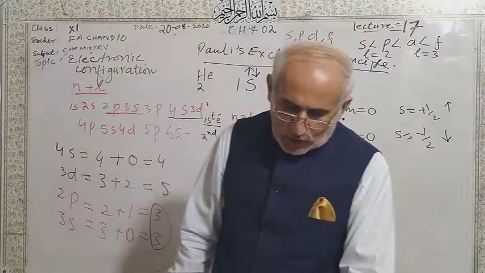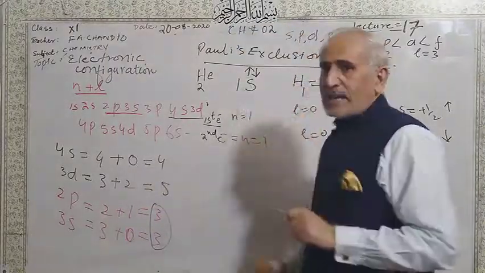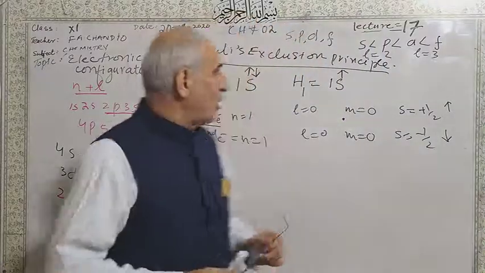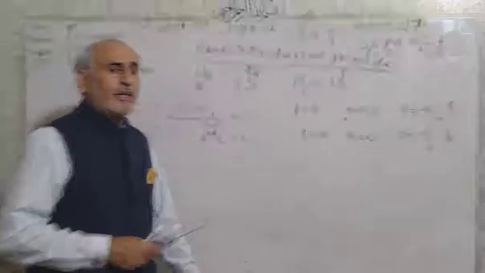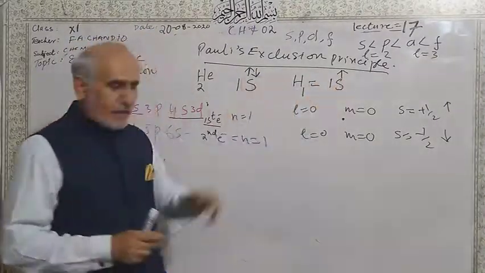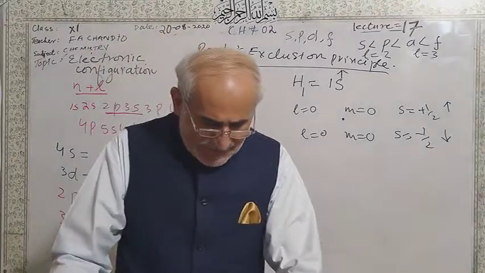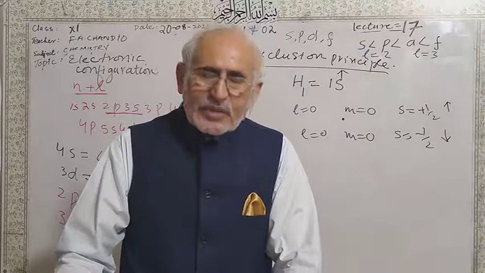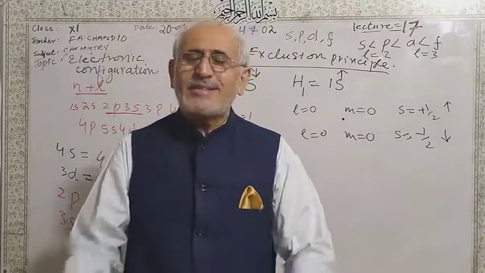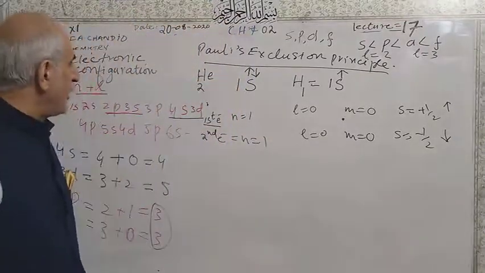Such an orbital is said to be completely filled. s has the ability to accommodate only 2 electrons, so this is completely filled. This is half filled. An orbital may contain a single electron, and it should be unpaired with the upward spin. So this is about Pauli's exclusion principle.